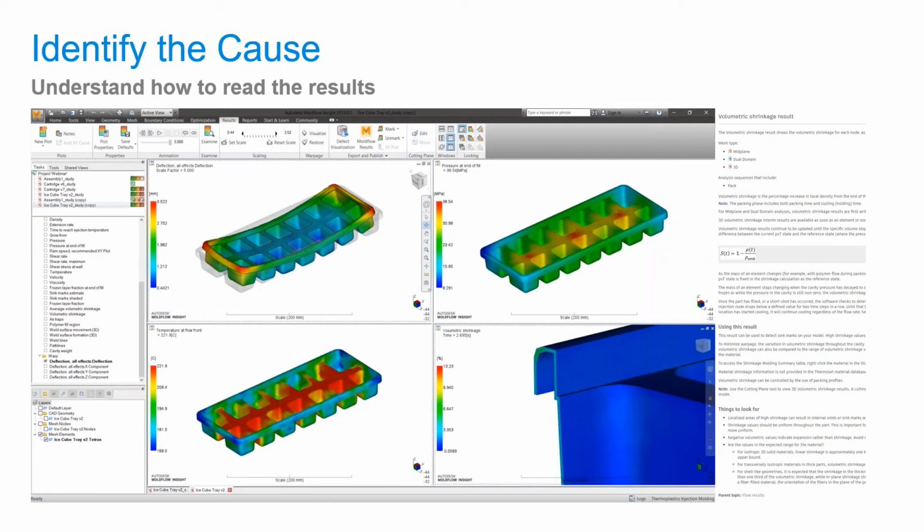And Moldflow uses the word deflection because it incorporates both shrinkage and warpage in it. So causes of deflection that it can pick up on using this setting would be differential cooling, differential shrinkage, and orientation effects, which help to identify the main cause so you can start identifying options for reducing deflection in the long run.